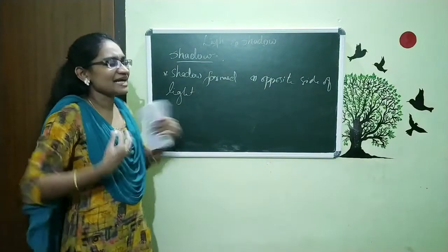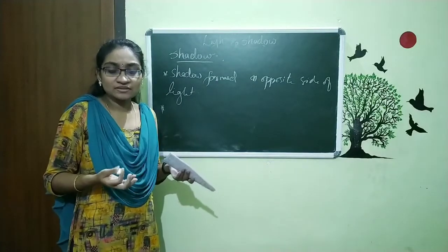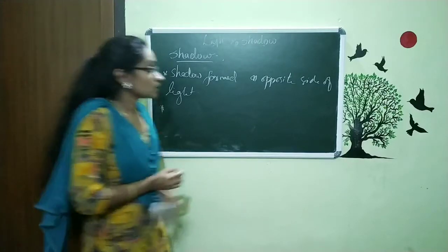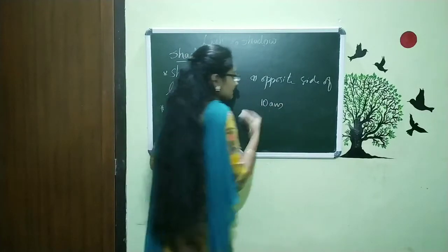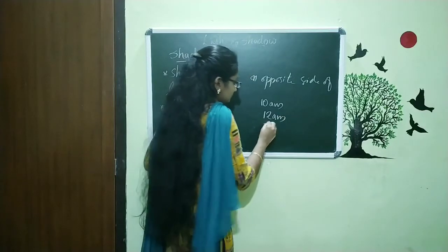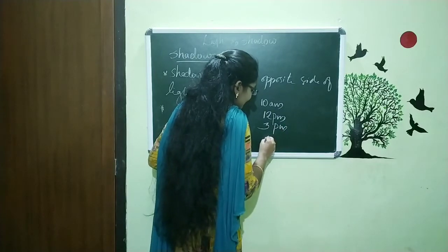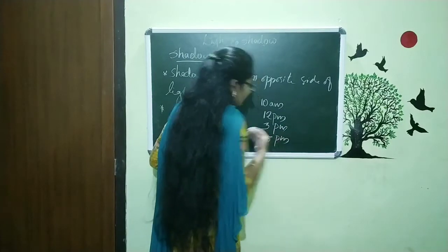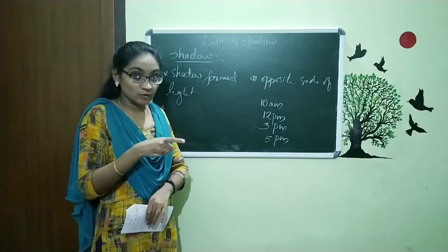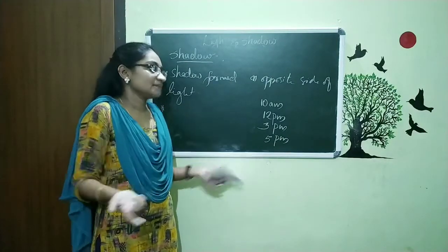Have you ever observed the shadow under the sun? Is it always the same size? Now I am just giving you a small activity. Just look at your shadow at 10 a.m., 12 p.m., 3 p.m. and 5 p.m. For all these times, you just want to observe your shadow under the sun, not under a bulb light, because under a bulb you will get the same shadow all the time.